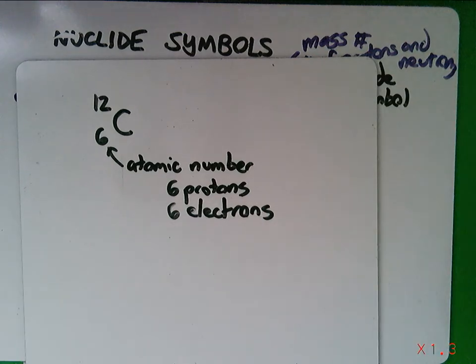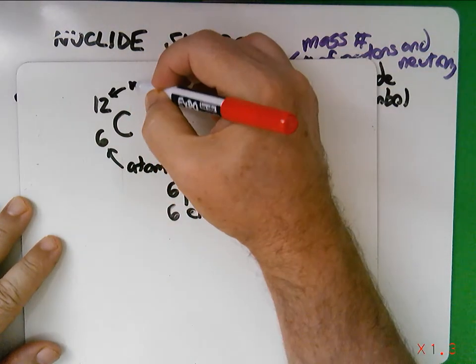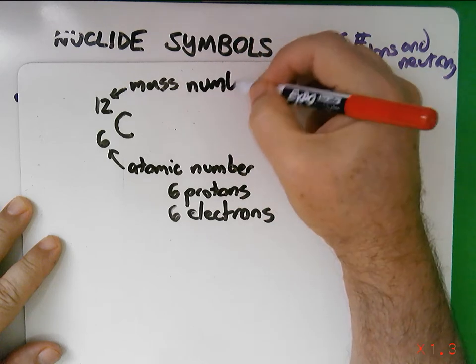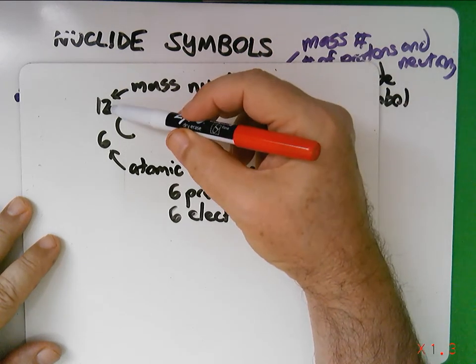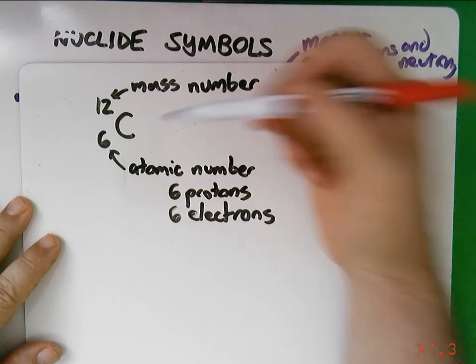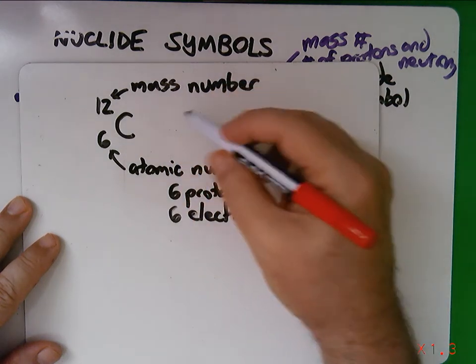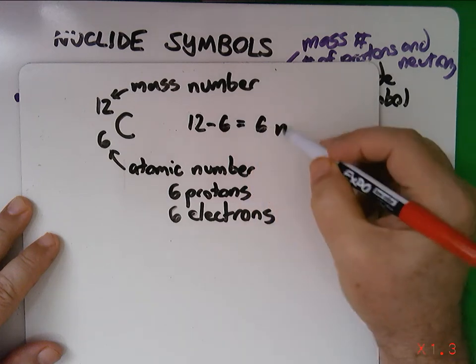Now, how many neutrons? Well, you've got the mass number up here on top, and it's the number of neutrons and the number of protons. And if you take the difference between this one and this one, that gives you the number of neutrons. So you know that there's going to be 12 minus 6 equals 6 neutrons.